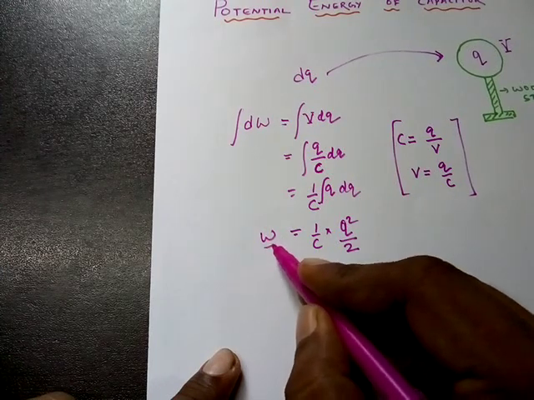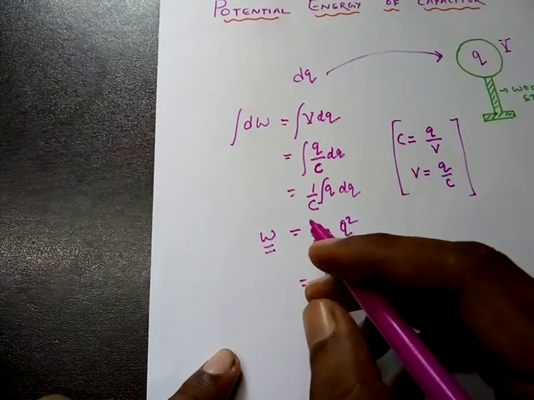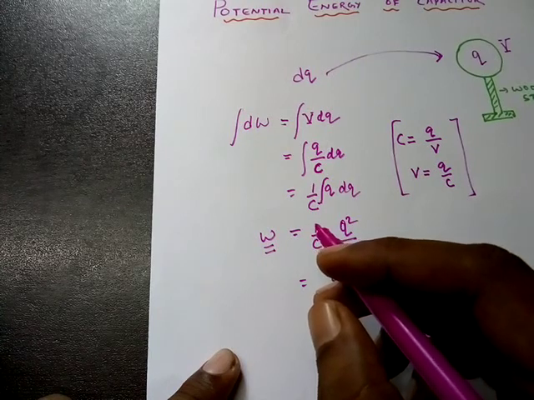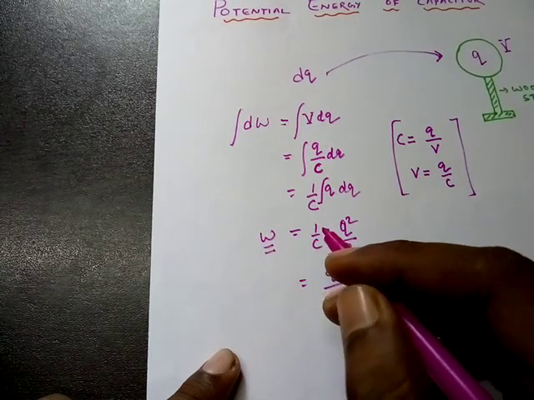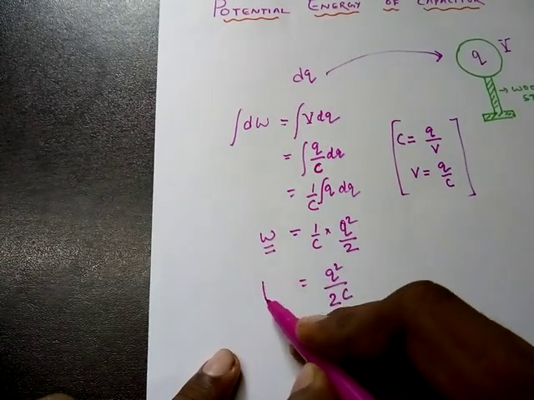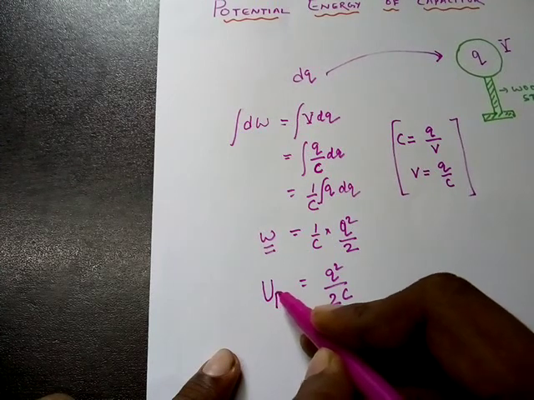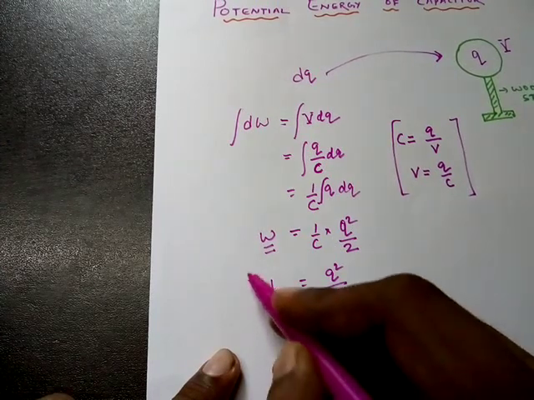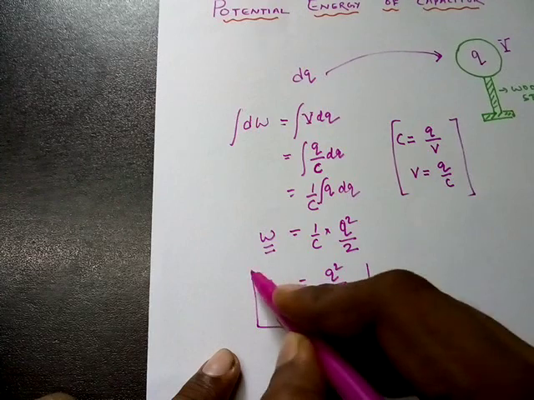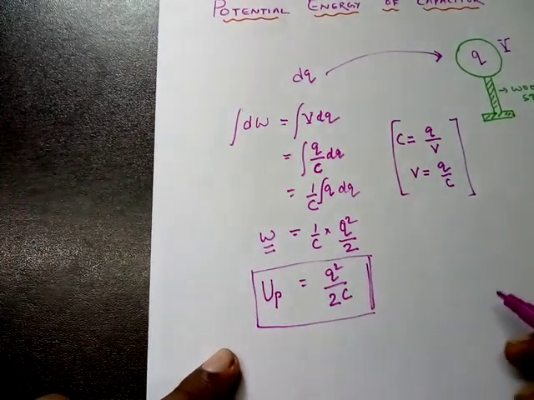Actually the total work done is stored in the form of energy that is called the potential energy. So the total potential energy, if I am writing it as Up, will be equal to q square divided by 2C.